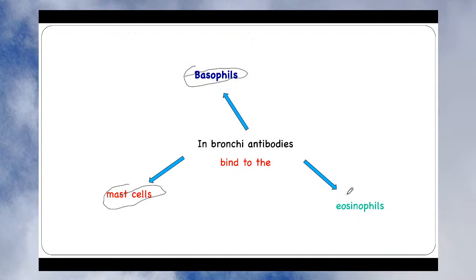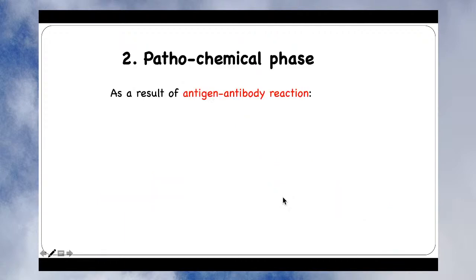And when these cells are bound, till this point, it is called phase 1, the immune phase of the allergic reaction. So there is antigen, it is released by immune competent cells, and this antibody inside the bronchi binds to the basophil, mast cell, and eosinophil. Next, we'll see the next phase of the allergic reaction, and let's see what happened in that phase.